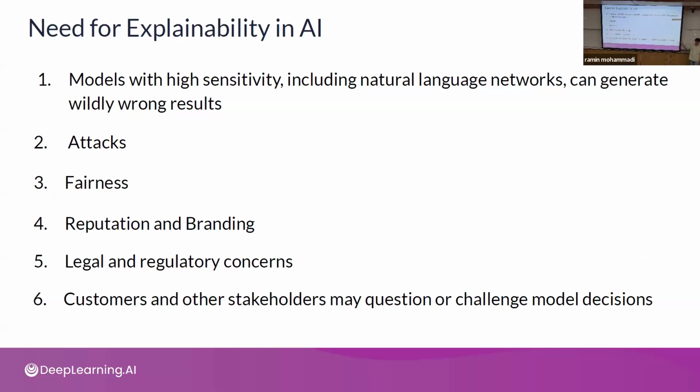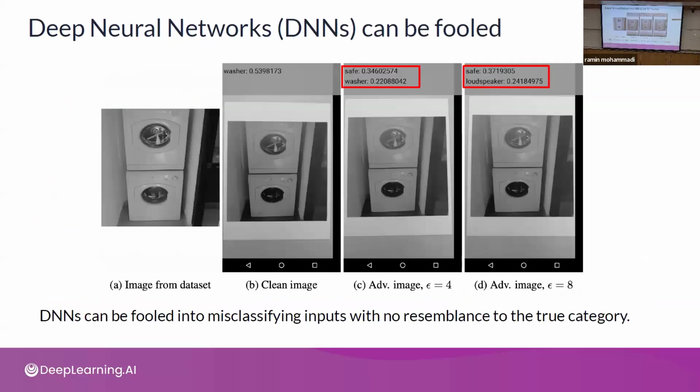And at the end, whatever you build, you need to be able to answer to customers and stakeholders. And this is another example of how you can fool deep neural networks. This is an image that the model should predict really well. On the clean image, the model says this is a washer.